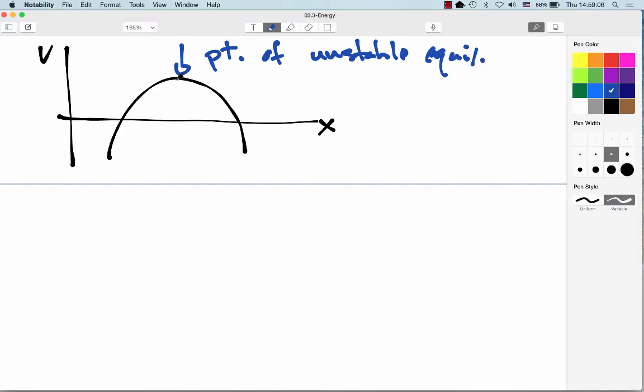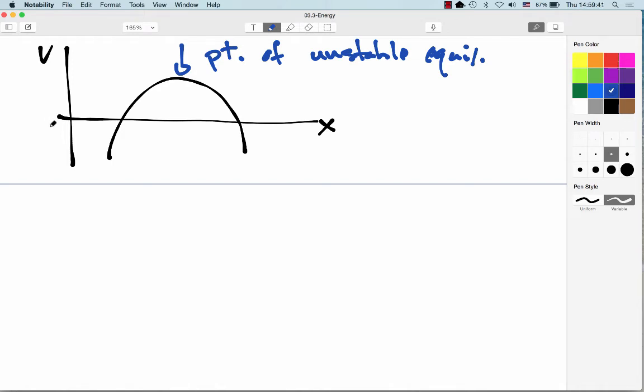But if I place it just the slightest bit off, or I place it down with just the slightest bit of speed, it will head off one way or the other forever. As we go off to the right, let's say potential energy goes down, meaning that kinetic energy will go up and we just go rightward forever. If I shove it off to the left, same problem, we run way leftward forever.